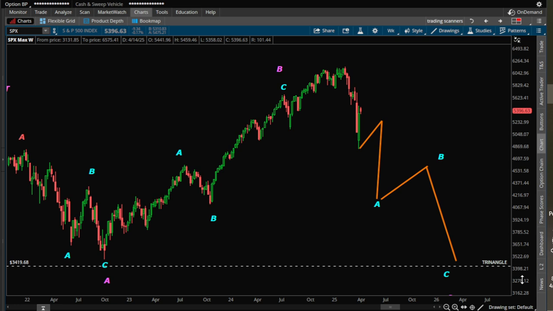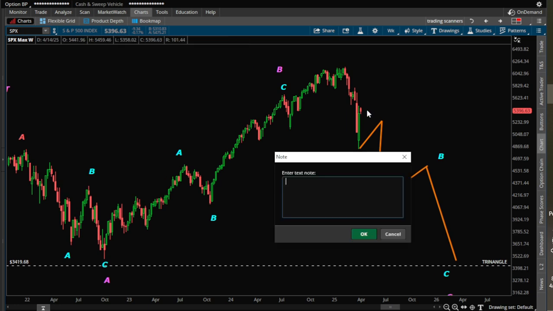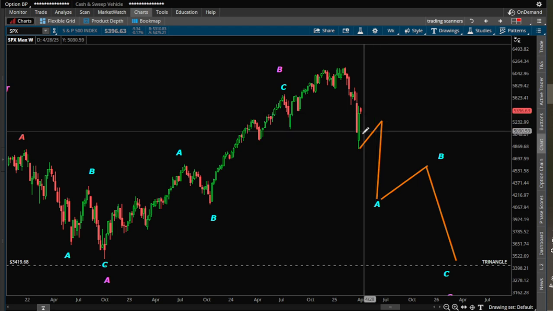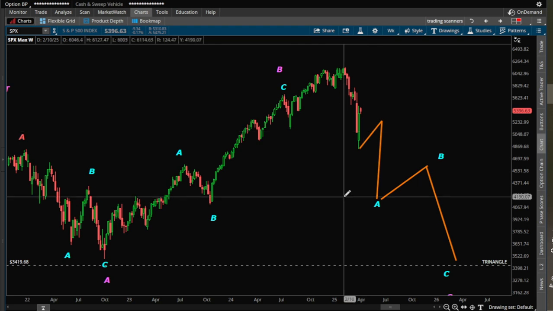Worst case scenario, and that's before we get a little consolidation pattern here. I know this candlestick started higher from where I drew this line, but I'm thinking there's going to be a triangle pattern forming right here. Somewhere around, let's just do 4200 level.